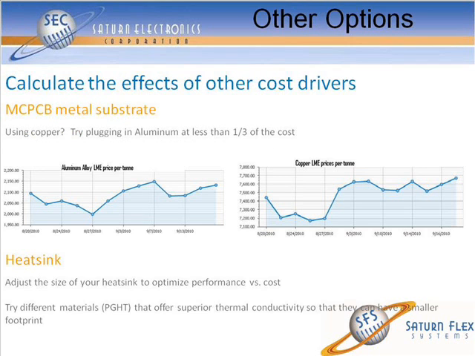So your other cost drivers, it's not proper to ignore them. We've got aluminum and copper as the most common choices for the metal substrate. You're talking about what, a 3x difference in cost. The metals themselves are very thermally conductive.